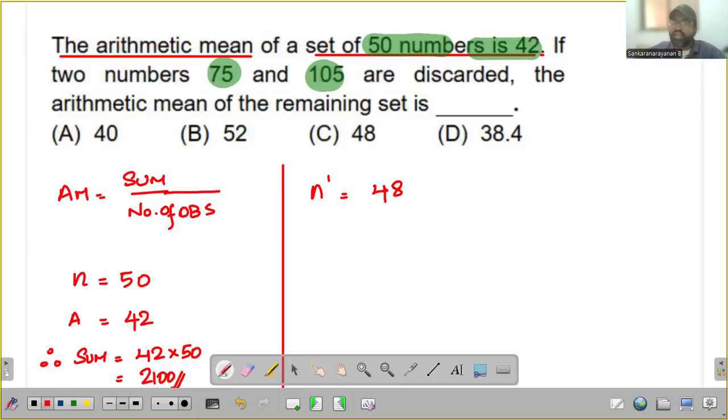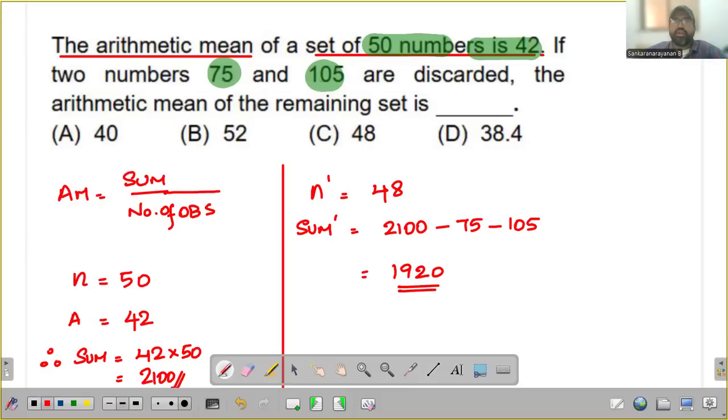The sum of all those 48 numbers will be nothing but 2100 minus 75 and also minus 105. Got it? So those two numbers you are excluding, and that is equal to 1920. So this is the revised sum of observations.